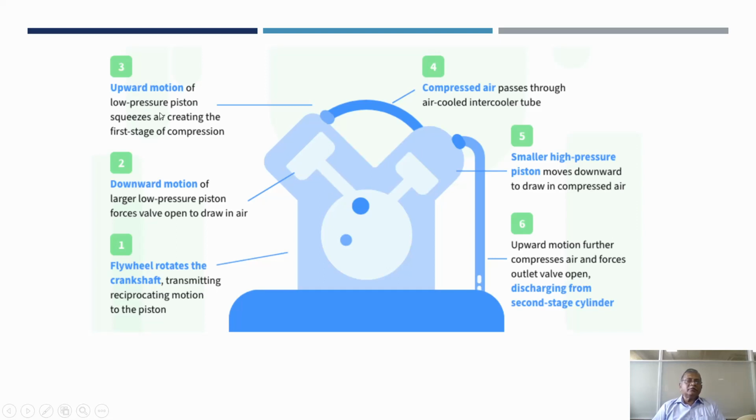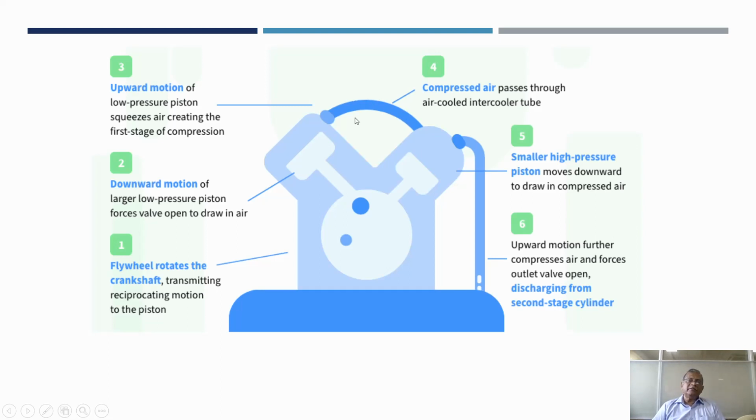The low pressure piston squeezes air, creating the first stage of compression. So the volume is reduced and the pressure is increased. Then through this outlet valve, it goes to the second cylinder. The compressed air passes through the air-cooled intercooler.